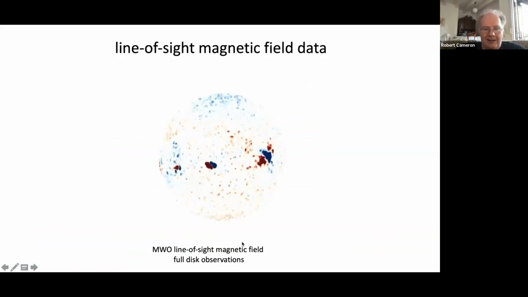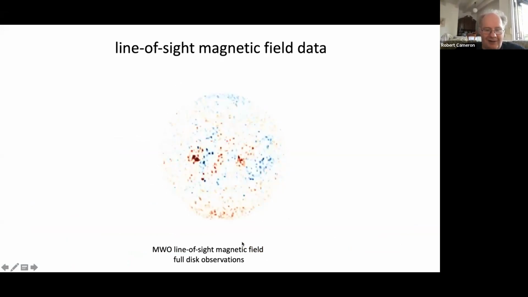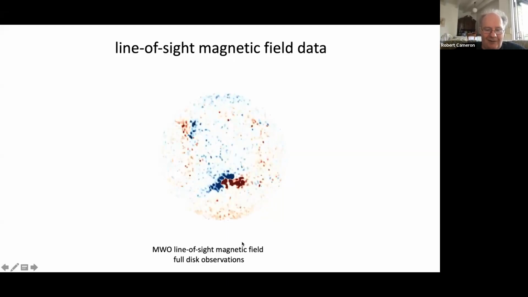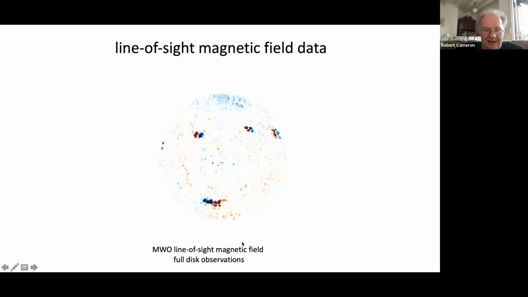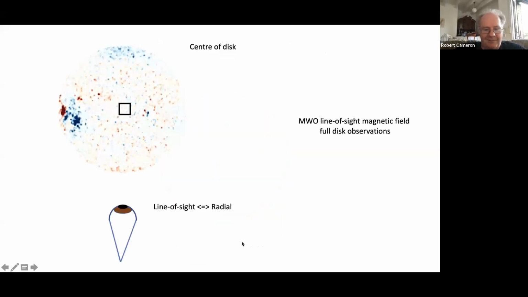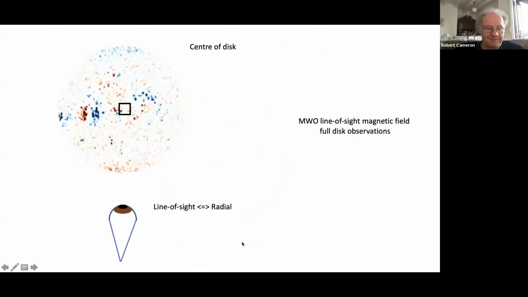So let me begin with the data. The difference between now and 40 or 50 years ago is we have lots of magnetic field observations, full disk, line of sight in particular. And from this, if you look at the center of the disk, you can get the radial field.